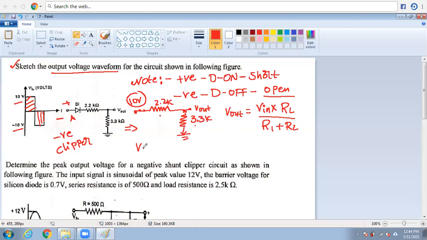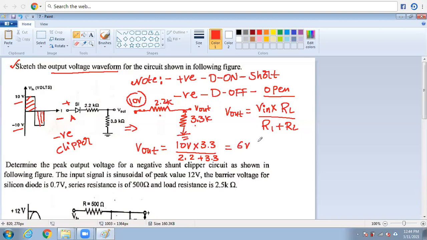So V out equals 10 volts times 3.3 by 2.2 plus 3.3, both in kilo ohms. Doing some mathematical calculation, we get around 6 volts of output voltage.